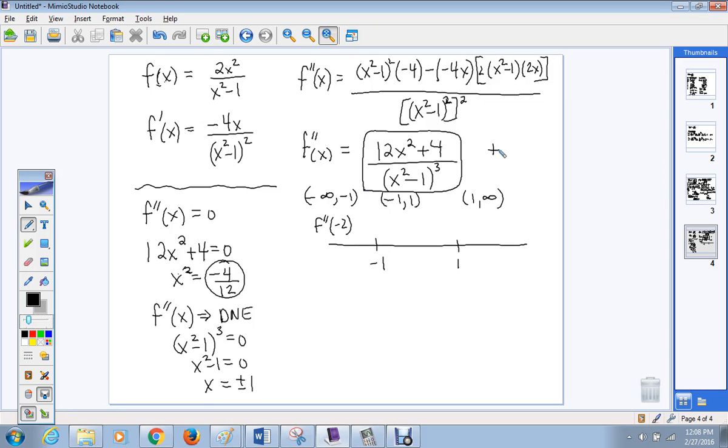It would give us a positive number. Now in the denominator, if we plug negative 2, we would get negative 2 squared is 4, 4 minus 1 is 3, 3 cubed, 27, positive number. So this tells us that we are concave upward on this interval.